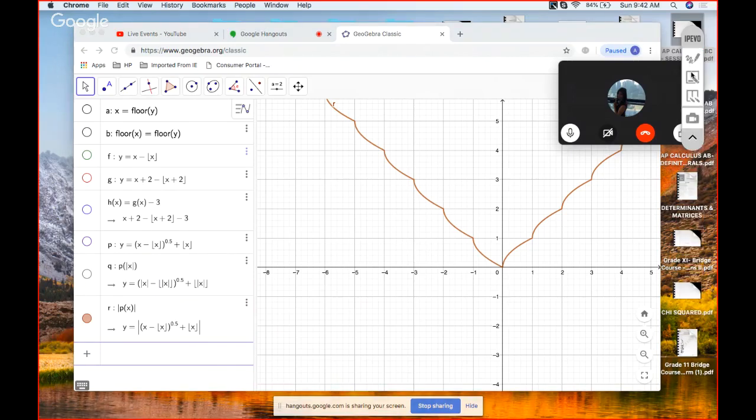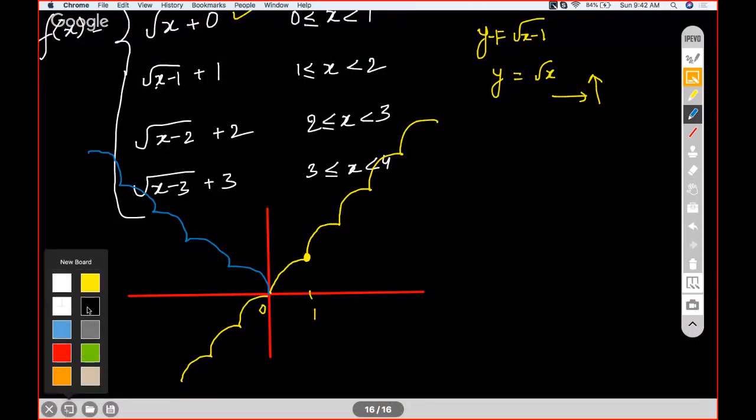So let's take a few more examples. Plot mod y minus 1 equals fractional part of x mod x plus 1, minus 3.